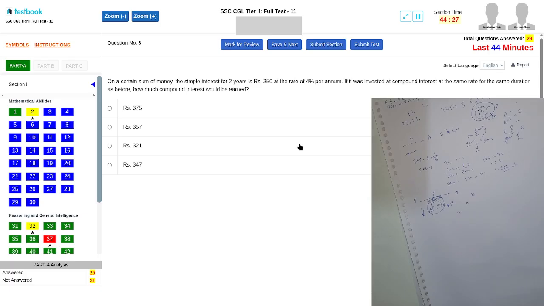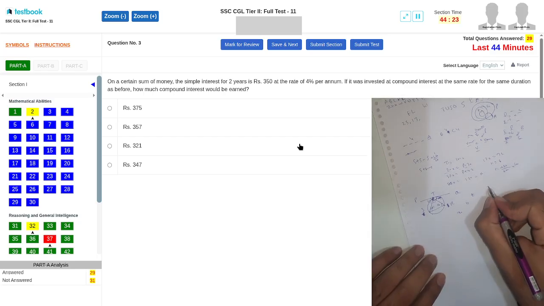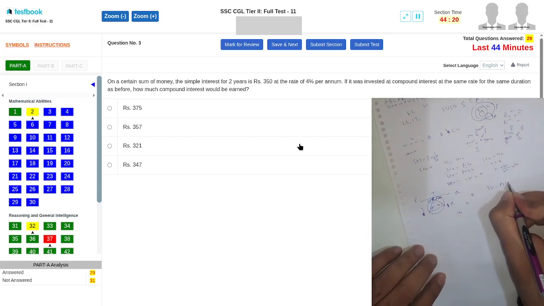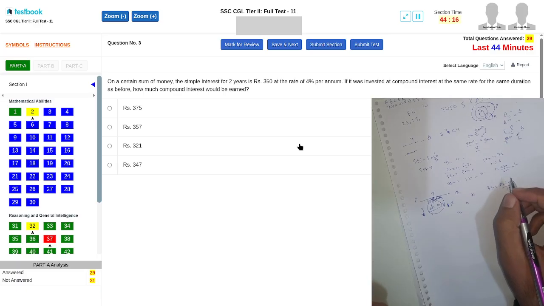Simple interest: the rate of 350 equals to P into 10 into 4 upon 100.